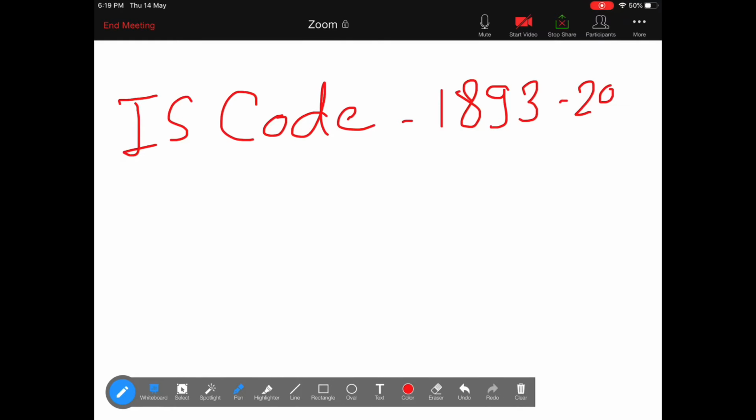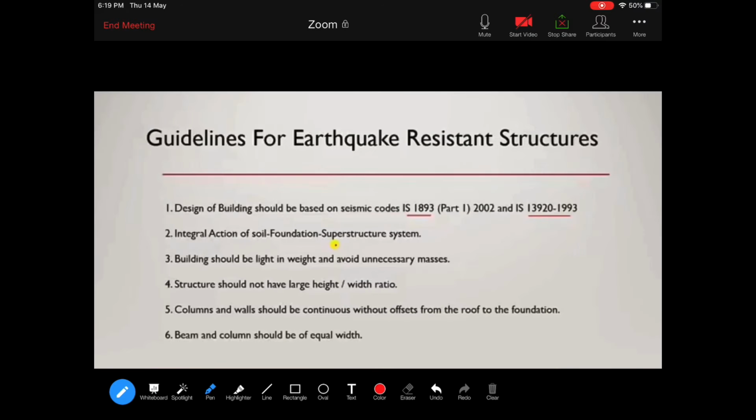This code is useful for designing a structure for earthquake, in other words, an earthquake resistant structure. First is, design of building should be based on seismic codes. So we design our structure as per these two IS codes.